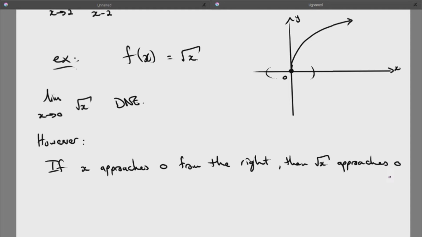It approaches 0. That's the y value at 0. I can plug it in and everything. So you feel that, well, I can calculate a y value. Square root of 0 is 0. So surely there should be an answer to this limit question. This technicality is silly. And it is. We just need to refine the limit concept to not come at it from two sides.